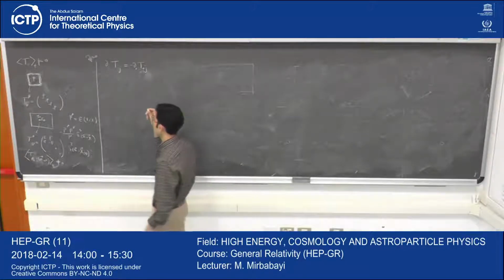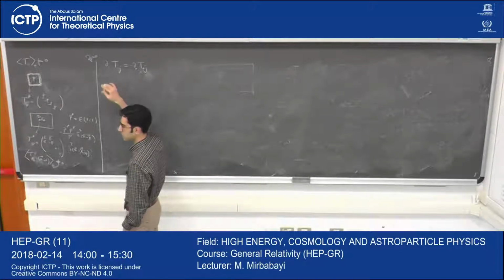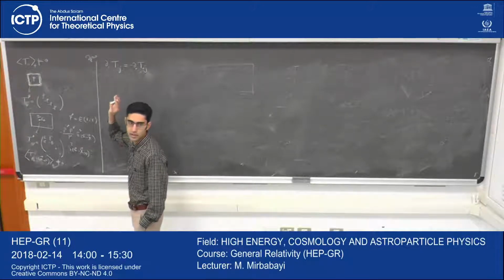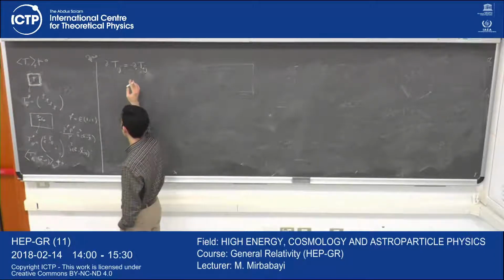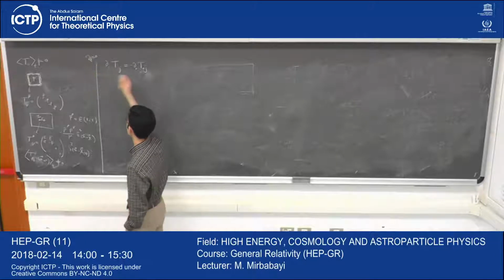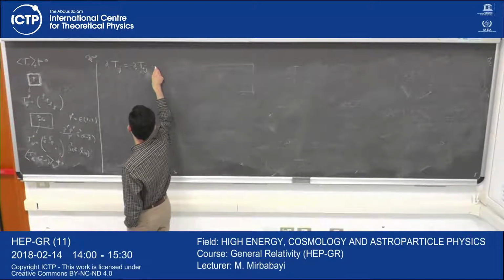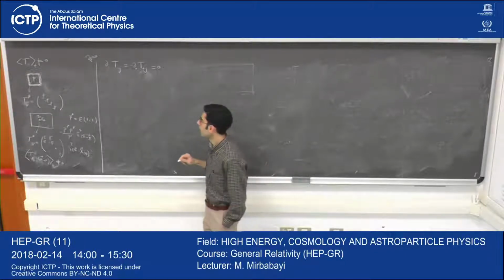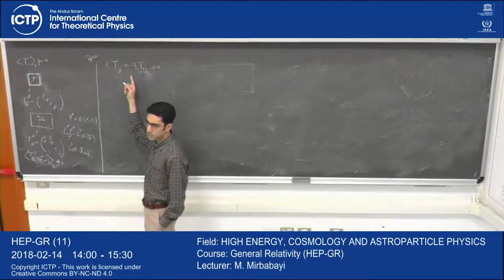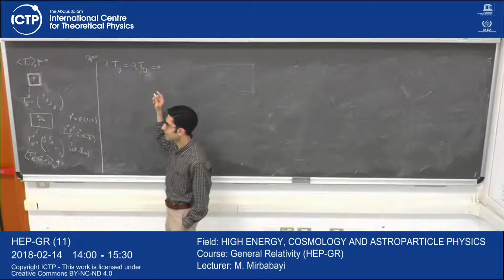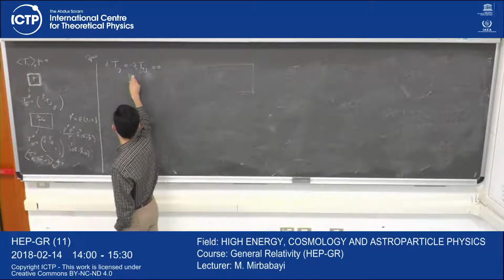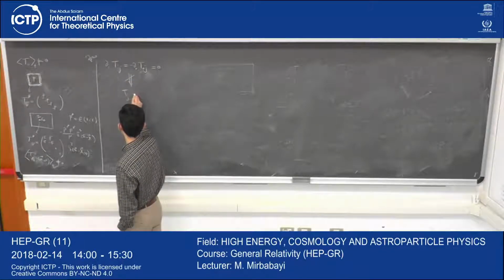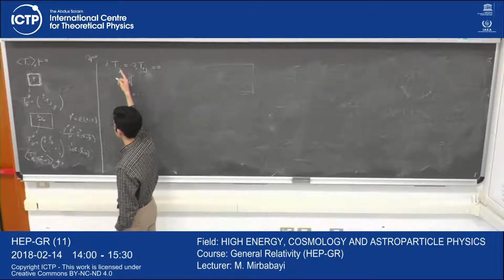And now either if the system is periodic and we take the time average, or if we assume that the system is static, this expression is going to be 0. However, the fact that ∂_i of T^ij is equal to 0 does not imply necessarily that T^ij is equal to 0, because I'm taking the divergence.